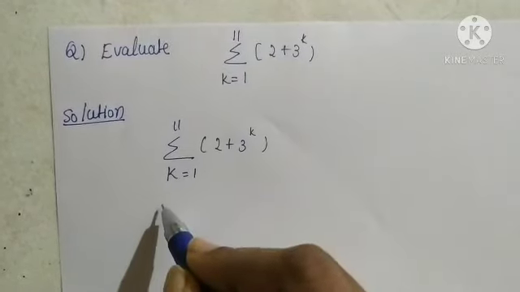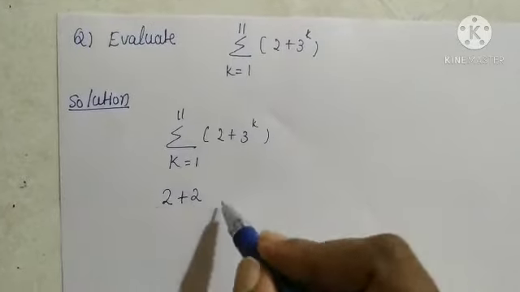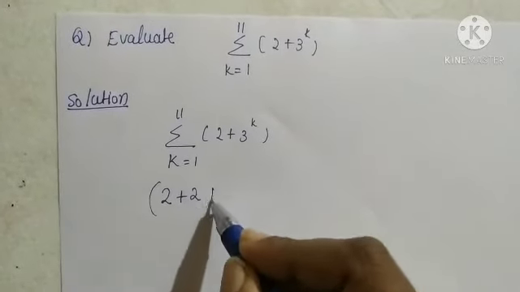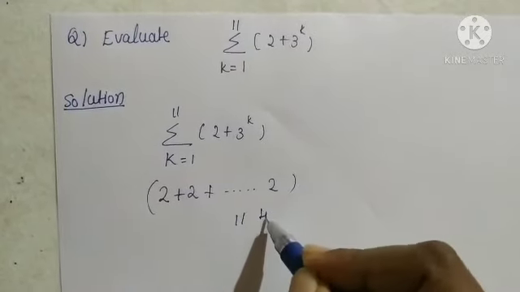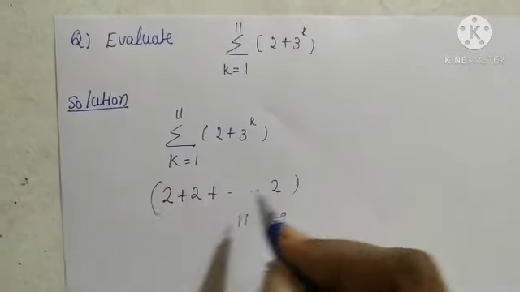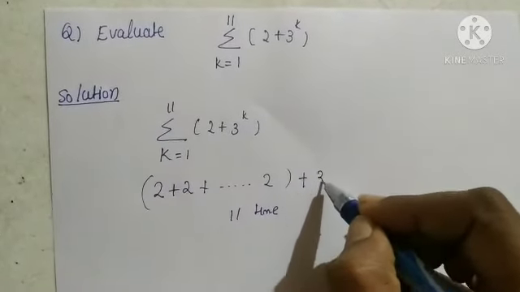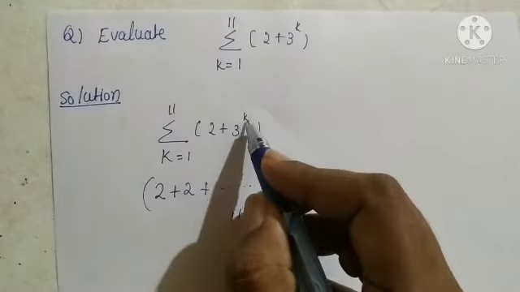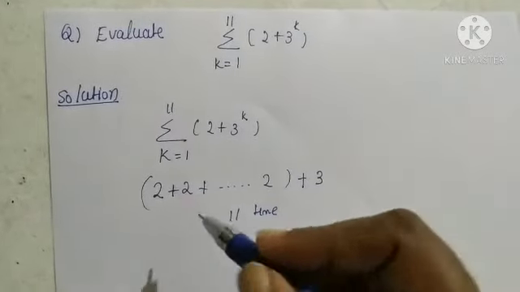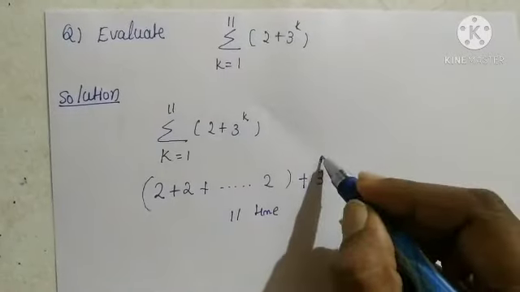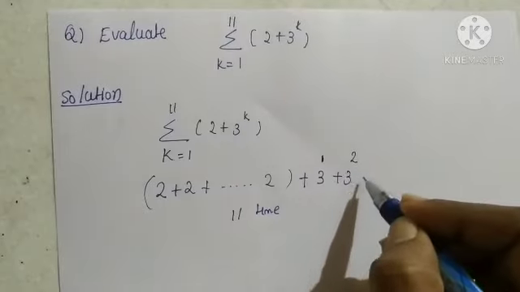So we get 2 plus 2, first is 2, so write 2 eleven times, add 2 eleven times, plus here k is present, so substituting the value of k as 1 we get 3, and for k as 2 we get 3 square.